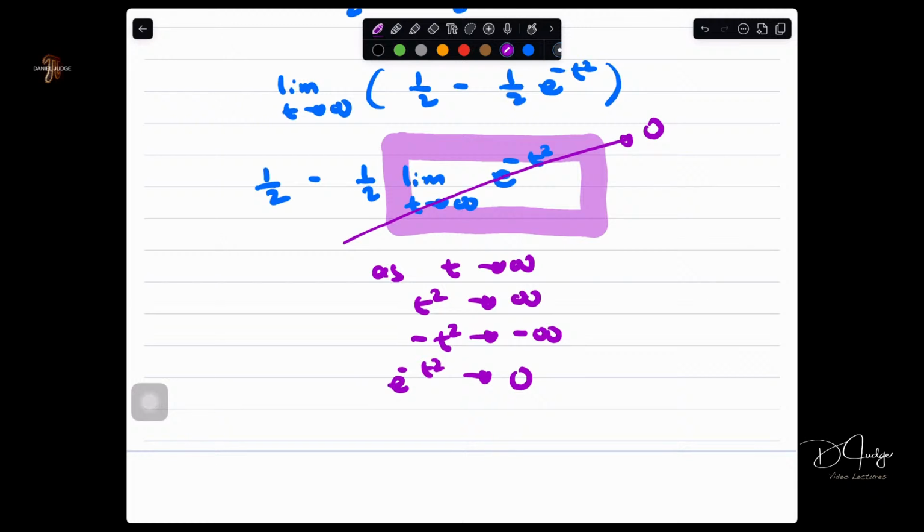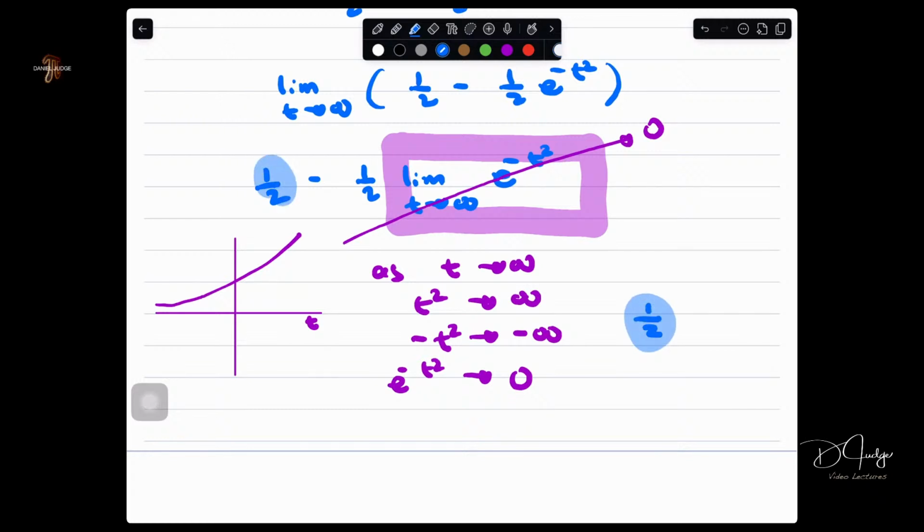Okay, so let's take a look at that again to double check and make sure we have an exponential function and the power is going to negative infinity, which means we're going to 0. So remember, this is where t is here. So this is 0, which means this limit is positive 1/2 now.